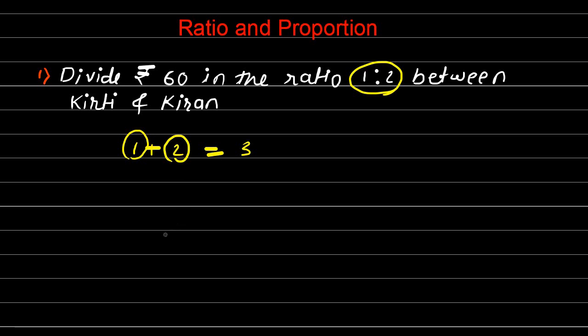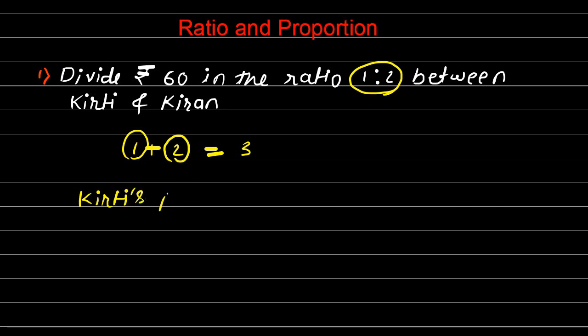Or I can say, right now it was in rupees, but if we want to make a generalized statement, then if total parts are 3, 1 part is for Kirti and 2 parts are for Kiran. So this is how you need to first of all find out the total parts, right? Now let's see Kirti's share first.